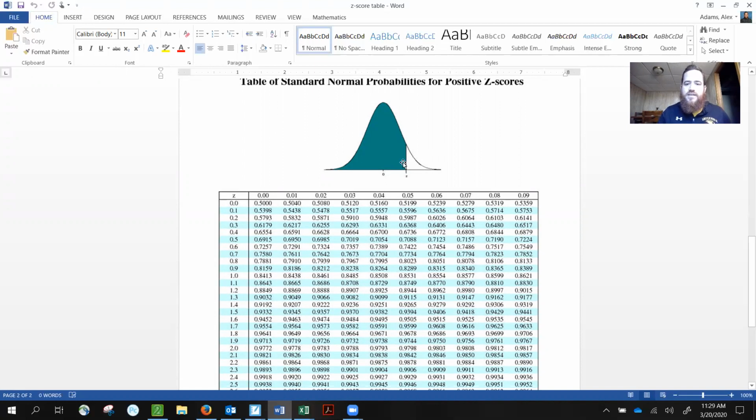So all the space underneath the curve less than 1 z-score. This is what our chart tells us. So 1.00, 0.8413. 84.13% of the values are less than 1 z-score or 1 standard deviation away. That's what this tells you.